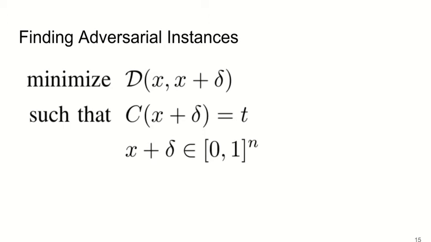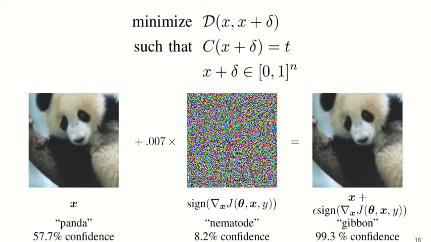What we want to do is find a perturbed input x plus delta that is similar to the original input x. Delta here represents a perturbation that we apply. In the previous case, this was the image in the middle that consists of the signs of the gradient multiplied by a small constant.